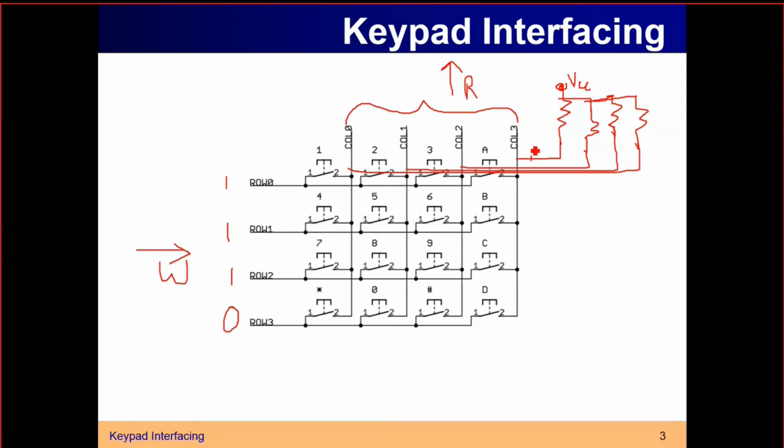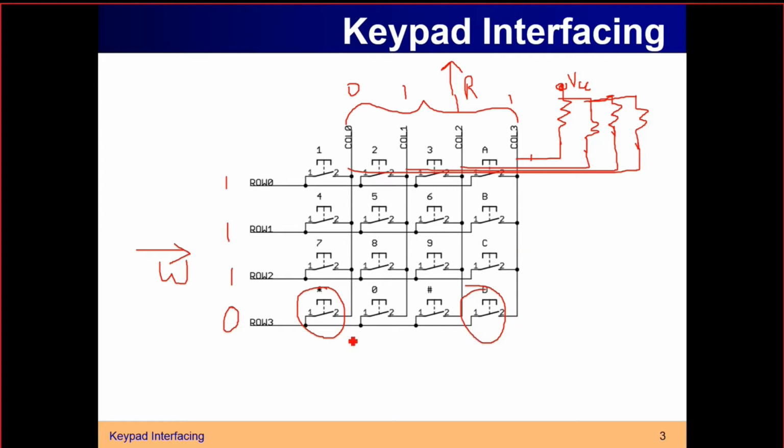But let us consider that I am pressing this switch. So what will be the value here? This column is getting connected to this row. What was the data in this row? 0. So this column will be getting 0, 1, 1, 1 when I am pressing this switch. Similarly, if I am pressing, say, this switch, what will I get?